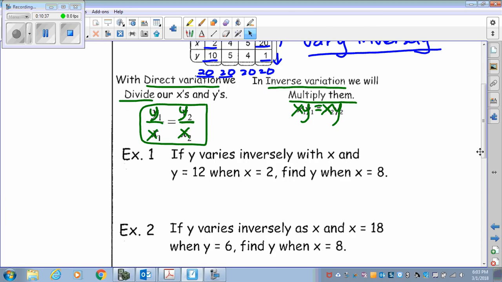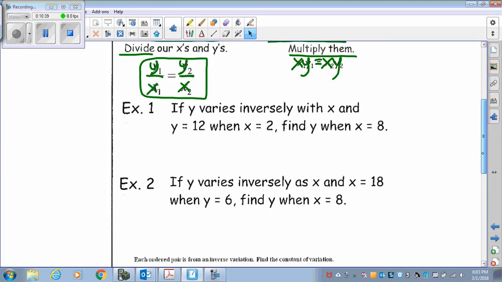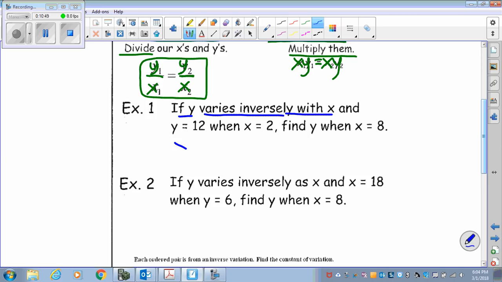All right, so let's check out this one. We've got y varies inversely with x. So I know x times y equals x times y. All right, and then I'm just going to substitute what I've got. These go together. Y is 12 when x is 2.